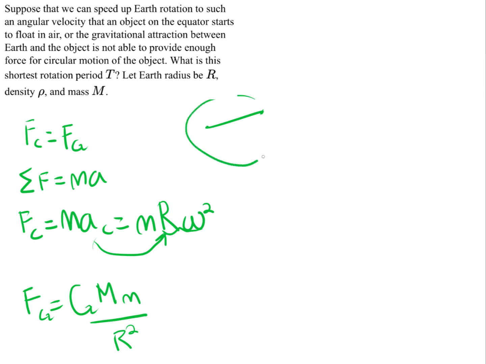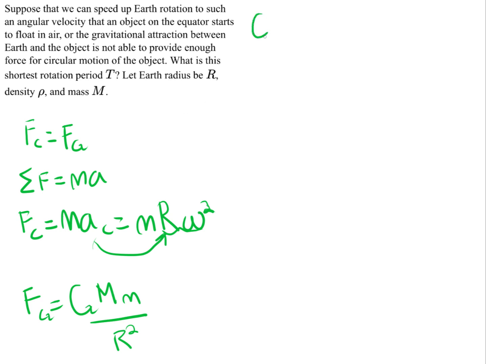So if this is an object on Earth's surface, its center is simply going to be on the Earth's surface if it's much smaller than the Earth. And the center of the Earth is going to be here in the middle. So its distance is the radius of the Earth.